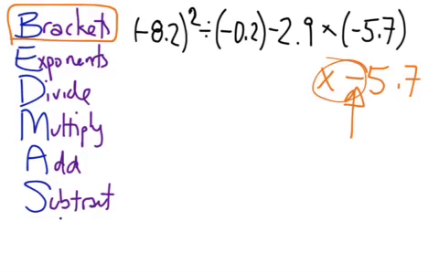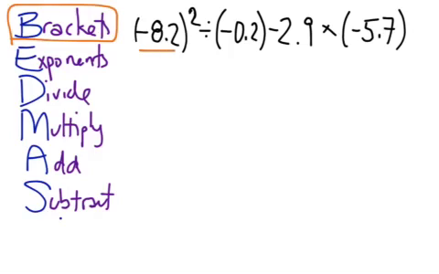A negative sign looks pretty much the same as a minus sign, so I think that's why they keep it inside brackets. Okay, so even though there are brackets in this question, they're just surrounding negative numbers. There's no actual equation inside them, so I'm going to move on to exponents.